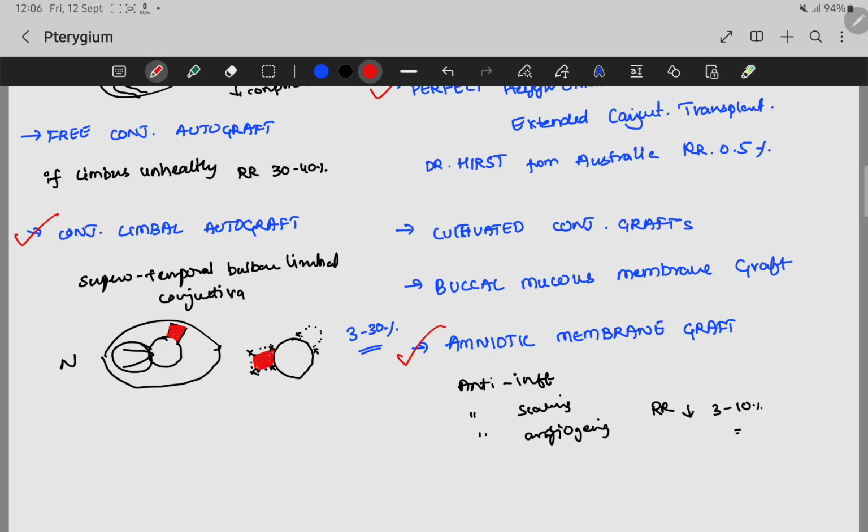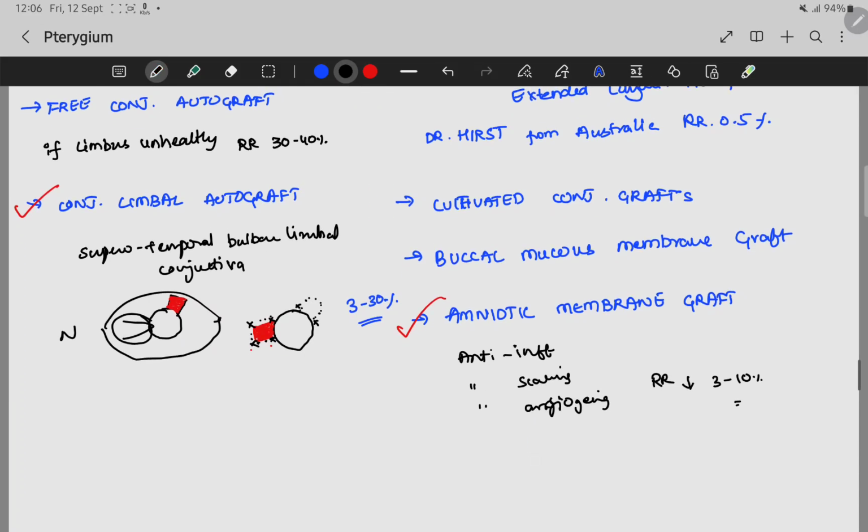So now, how do we attach this? So here one is this, we have attached this with the help of sutures, or with the help of autologous serum.